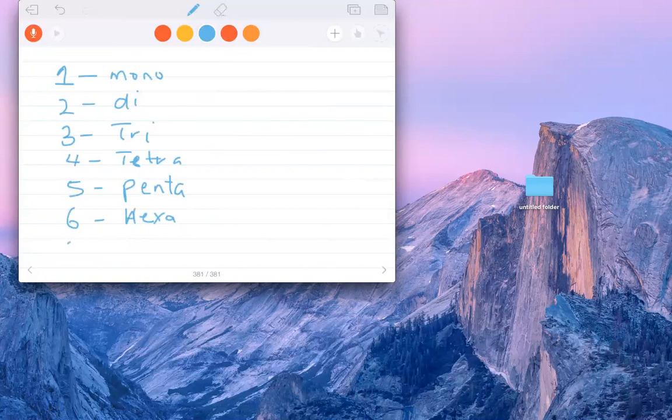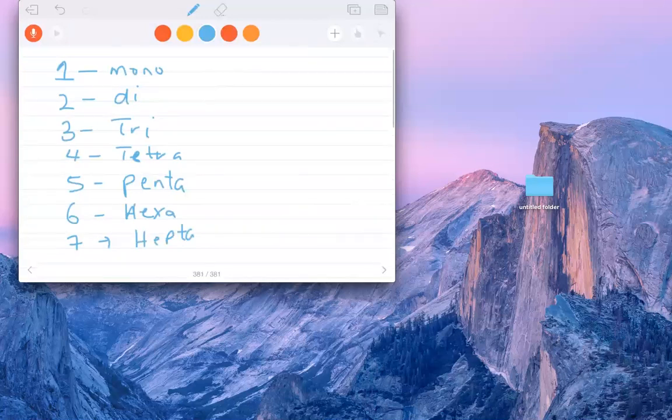Seven is hepta. Eight is octa, like an octopus. Nine is nona. A decade is 10 years, so you say deca for 10. These are the prefixes you need to remember.